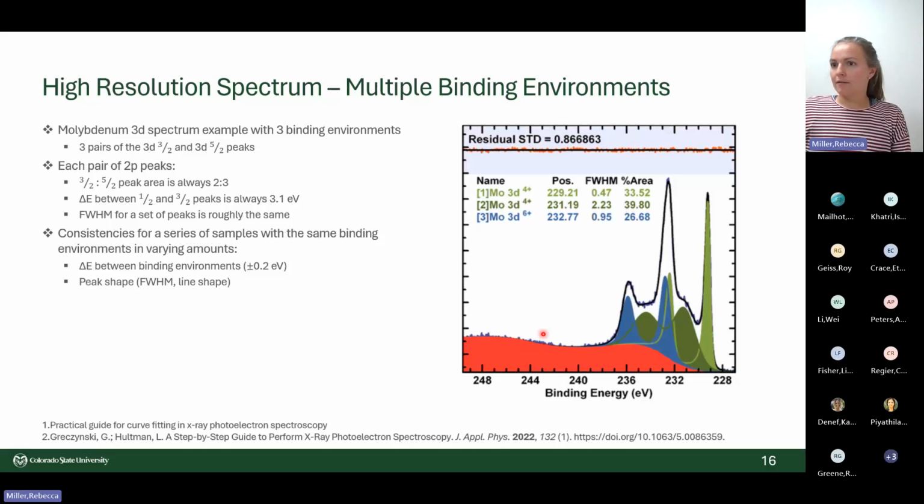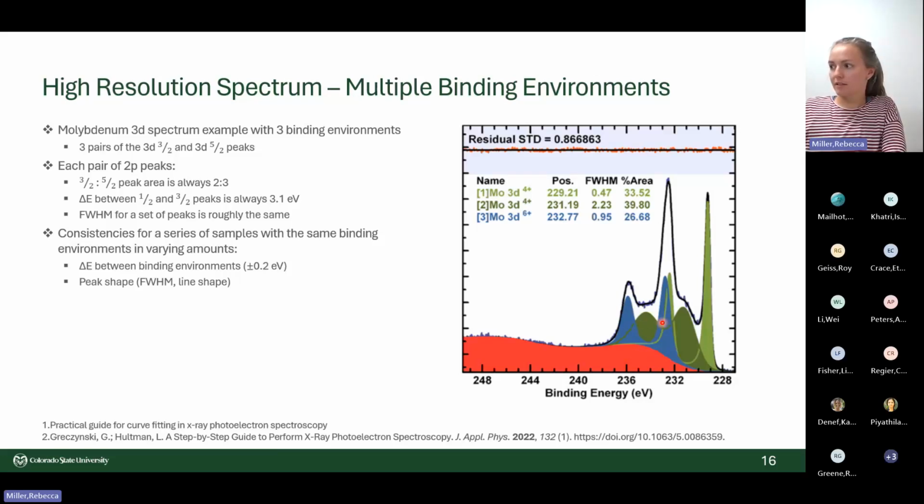So let's say you have 3 different samples that all have all 3 of these binding environments, just in different amounts. You should see that these blue peaks are shifted in energy about the same away from the light green for all 3 samples. It wouldn't make much chemical sense for this blue to be the same binding environment in 2 different samples when in one it shows up here and in another sample it shows up at a wildly different position in terms of energy.